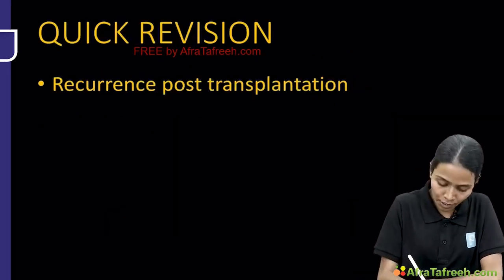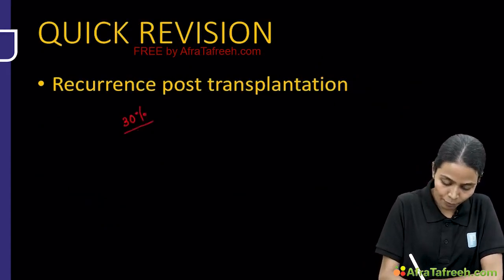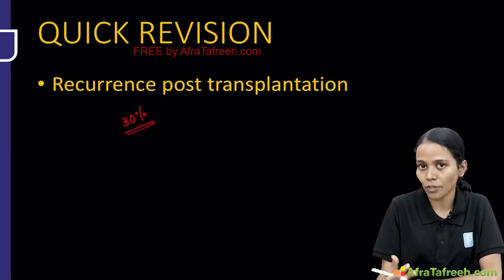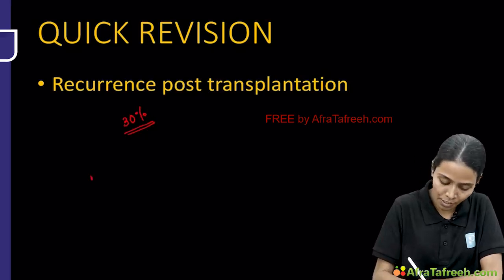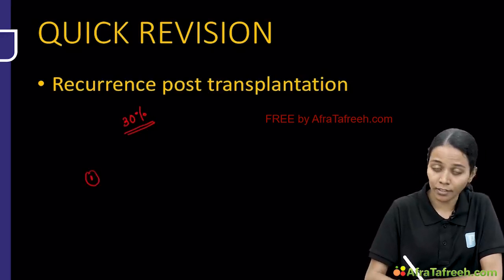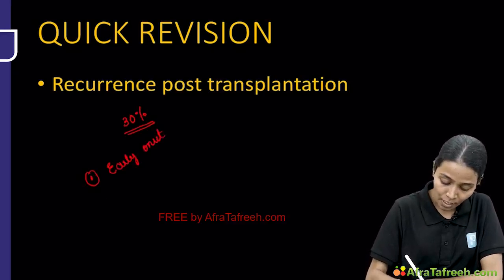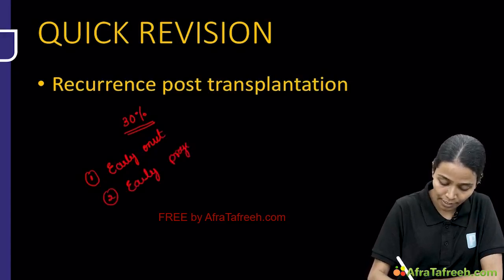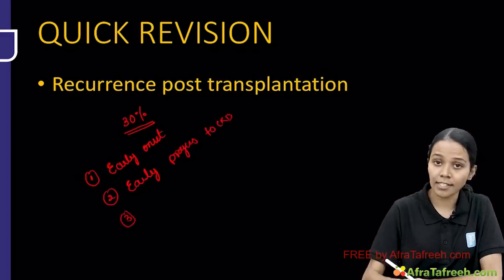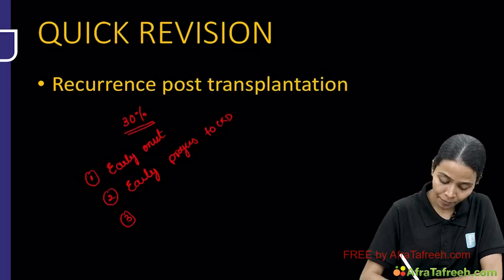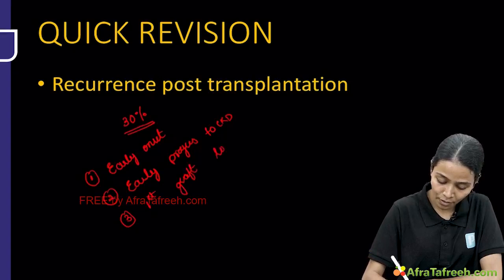Next, coming to recurrence post-transplantation, 30% of patients who had ESRD because of FSGS recur post-transplantation, and the risk factors are going to be early onset of the disease, early progression to CKD and ESRD, and third, if the first graft was lost because of FSGS.